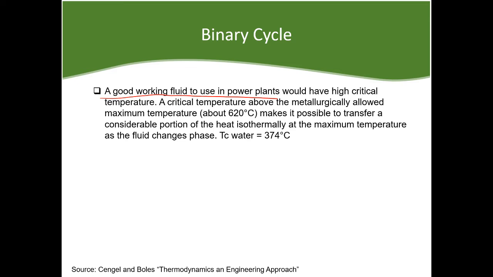Kasi a good working fluid would have a high critical temperature, but critical temperature above what is metallurgically allowed, kasi ito yung 620 degrees Celsius yung metallurgically allowed temperature, makes it possible to transfer the portion of the heat isothermally at the maximum temperature. Pero ang critical temperature ng water ay 374.